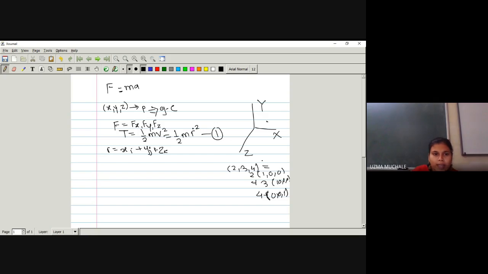So any vector now I can write in the form of a linear combination of basis vectors. That is how our position vector r can be written as xi plus yj plus zk, right?